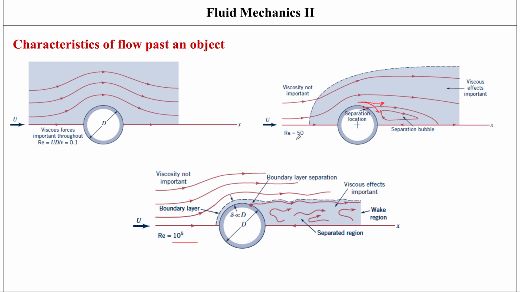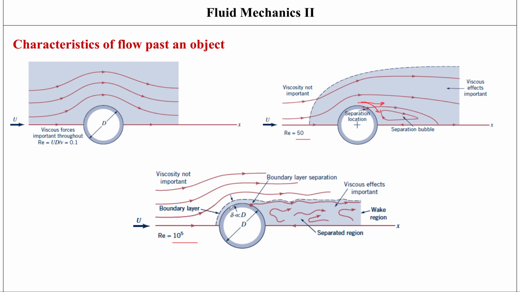So from a Reynolds number of 50, you've gone up to 10 to the power 5, and at an even larger Reynolds number, the area that is going to be affected by the viscous forces is again going to be forced downstream.